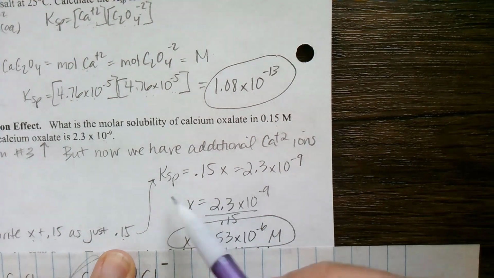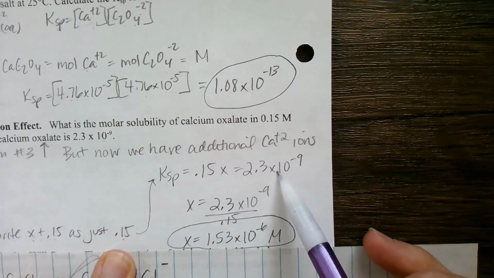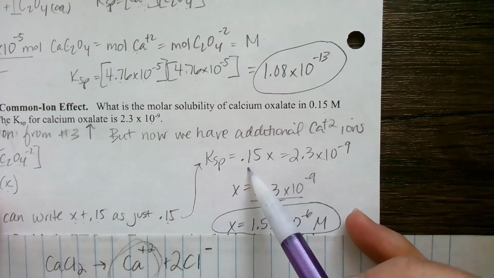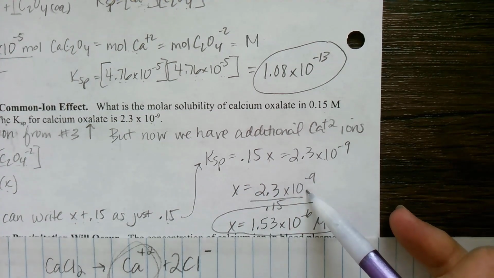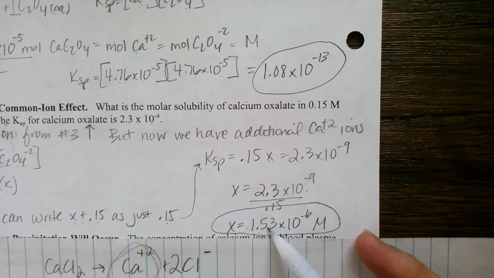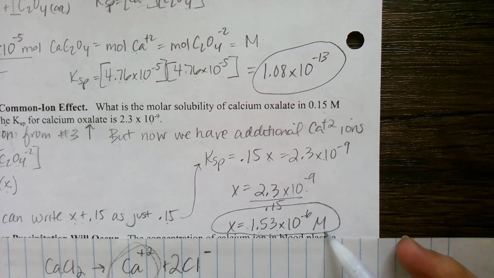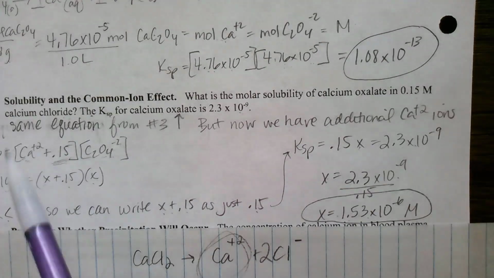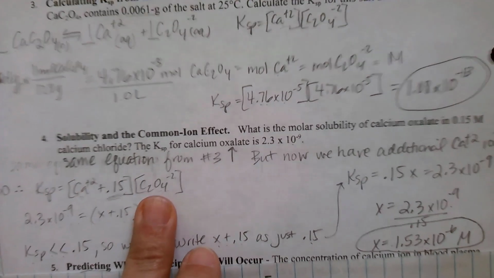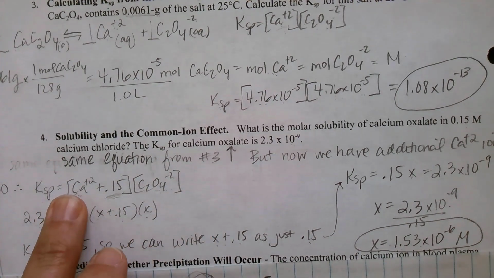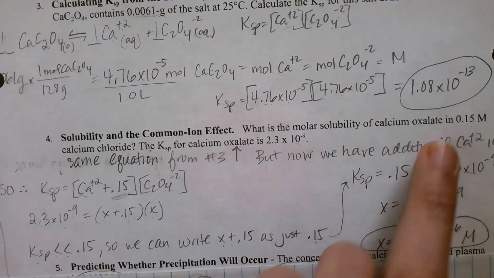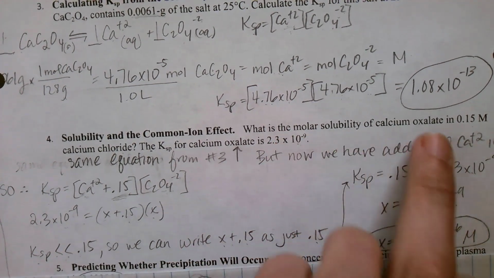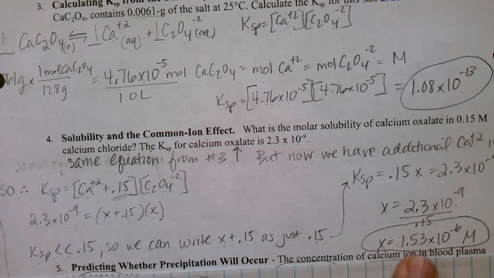So I'm going to rewrite this and say that the KSP is equal to 0.15 times X. And then we can solve for X, and we get X is 1.53 times 10 to the negative 6 molar. That would be our concentration for the oxalate ions as well as the calcium ions from the calcium oxalate. So the molar solubility of calcium oxalate would be 1.53 times 10 to the negative 6.